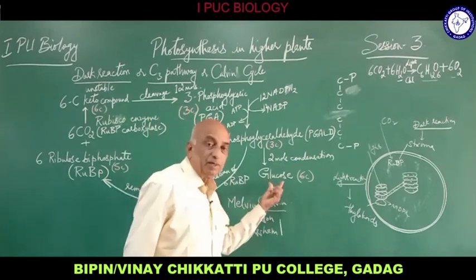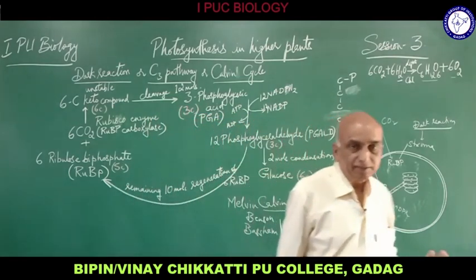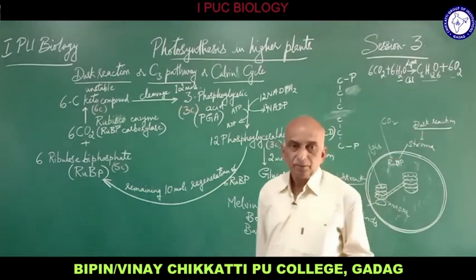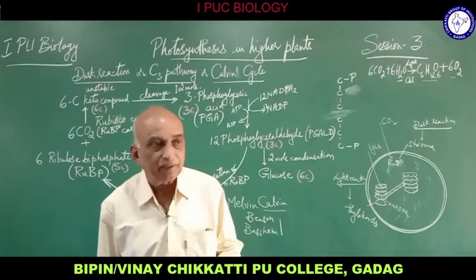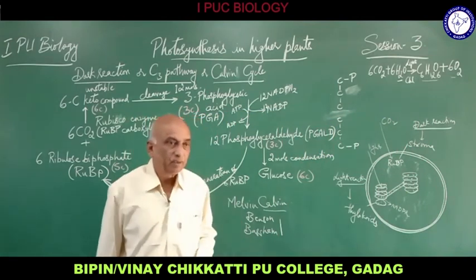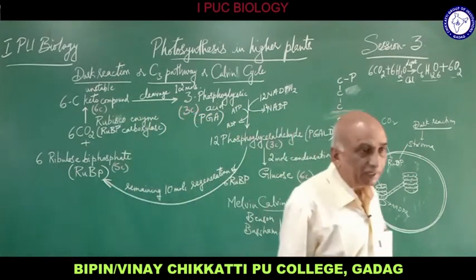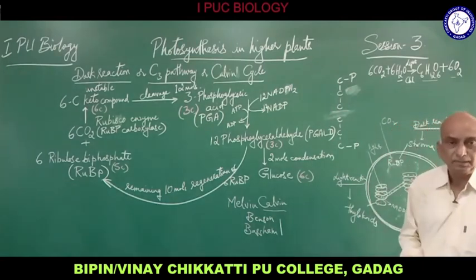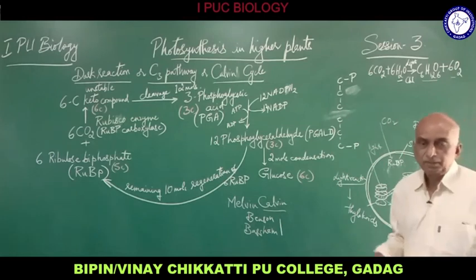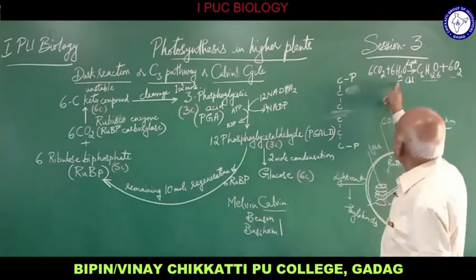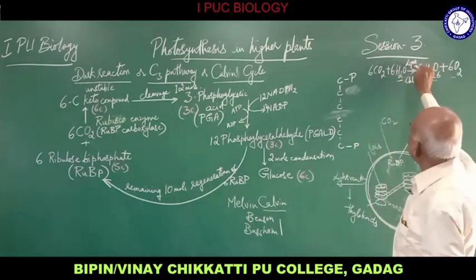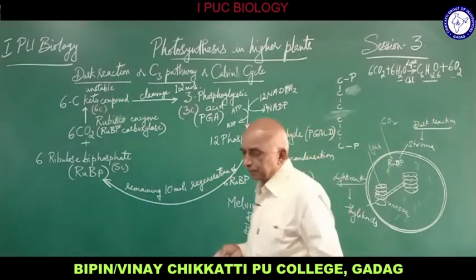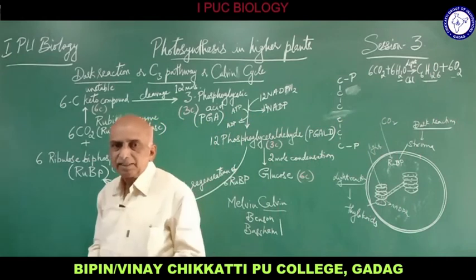So only carbohydrate is formed during photosynthesis, not proteins or lipids. So it is the synthesis of simple carbohydrate by the green plant cells, using CO2 and water in the presence of light energy. That is how glucose is produced. Oxygen is released as the byproduct.